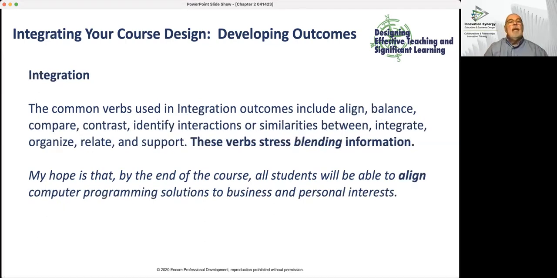The third domain was integration. So as we look at integration and the verbs that you can see there, these verbs all stress blending information. So how are you going to get them to learn the foundation, then apply it, and now start to blend these concepts together?